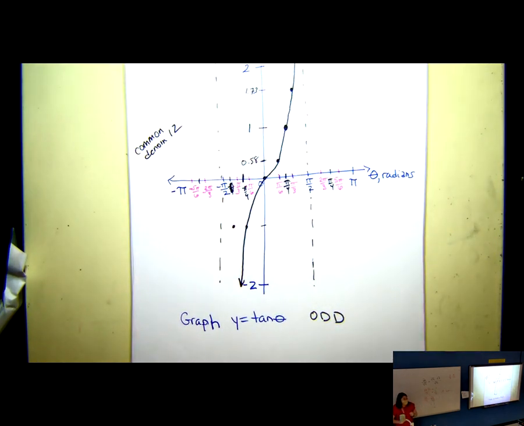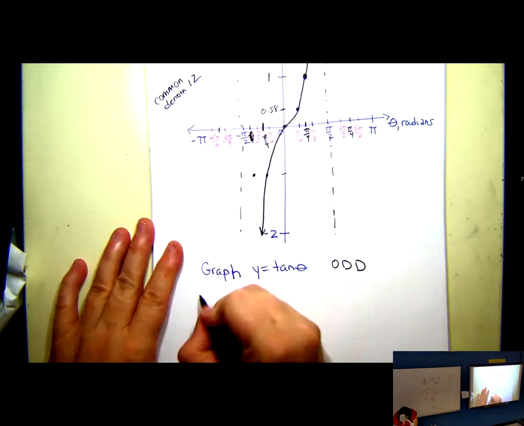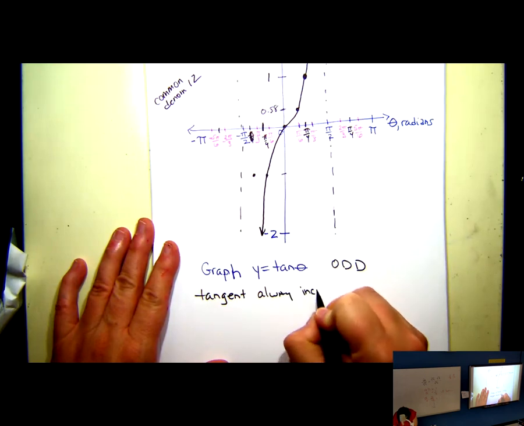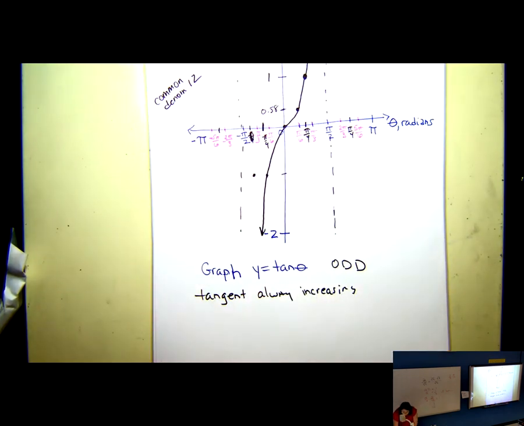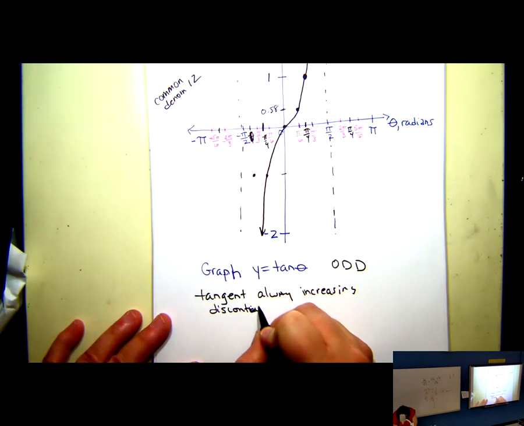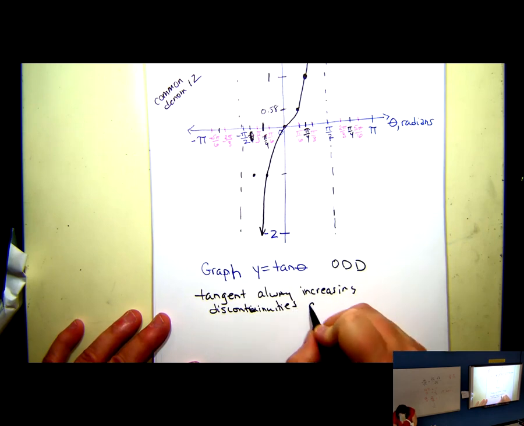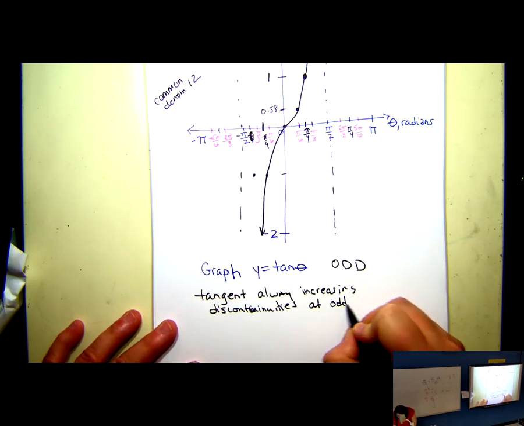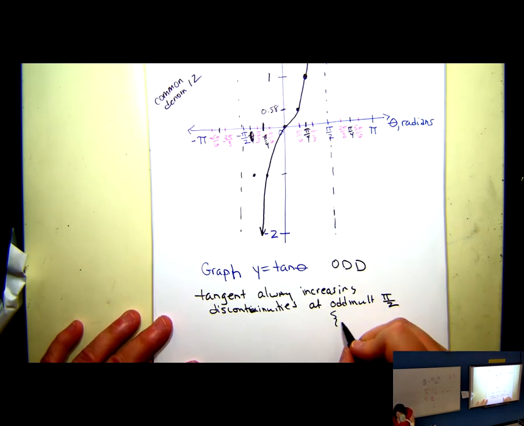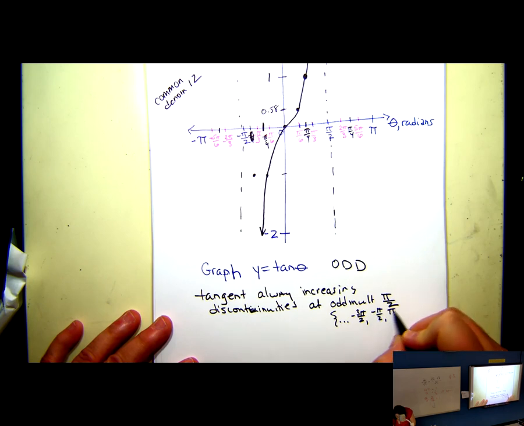The tangent is always increasing on its domain. Always increasing. But it's going to have discontinuities at the odd multiples of pi over 2. So it's going to have vertical asymptotes at negative 3 pi over 2, negative 1 pi over 2, pi over 2, 3 pi over 2, 5 pi over 2, and so on.